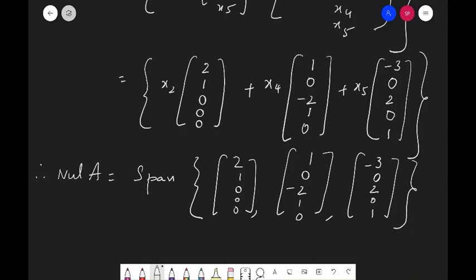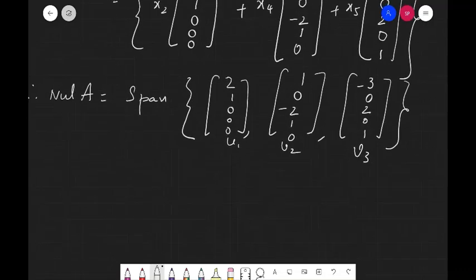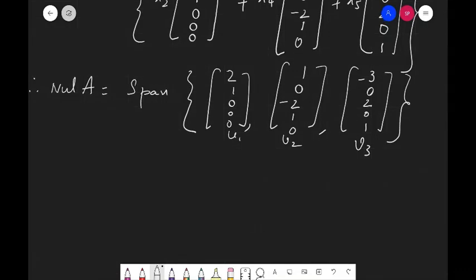So if I take this as V1, V2, V3, then I will have, hence null A is span of V1, V2, V3.